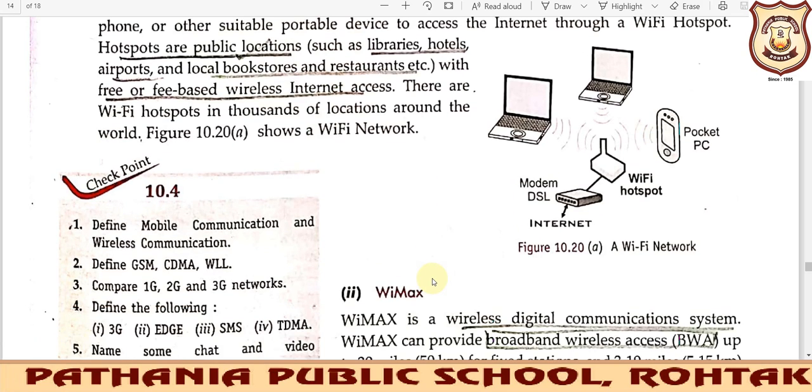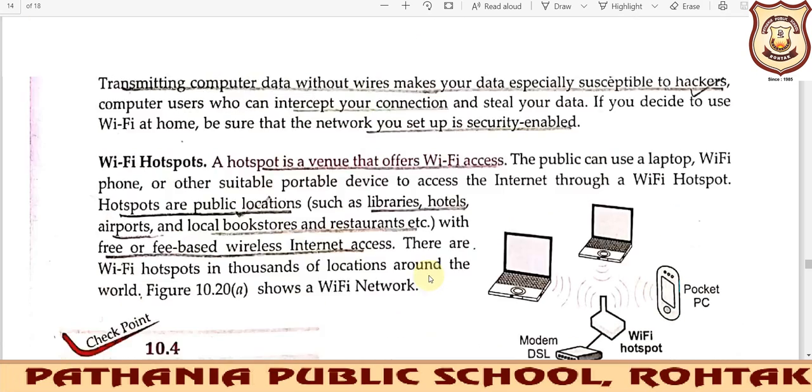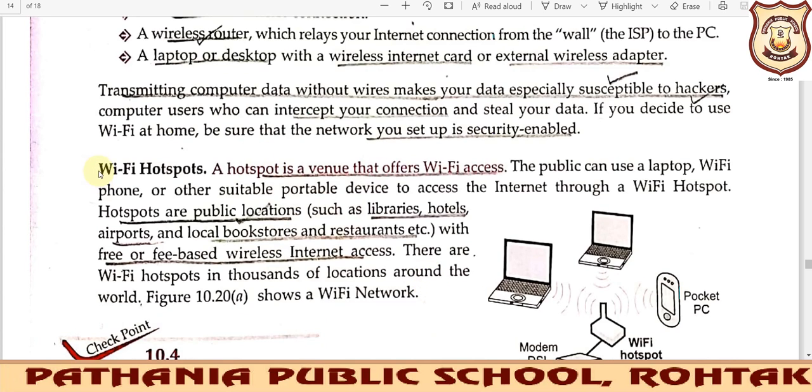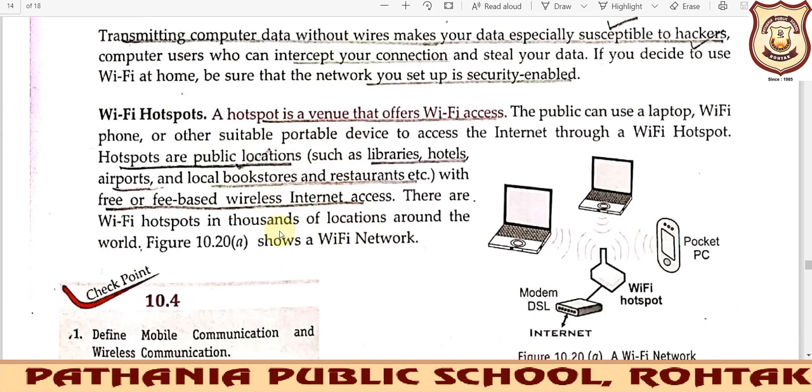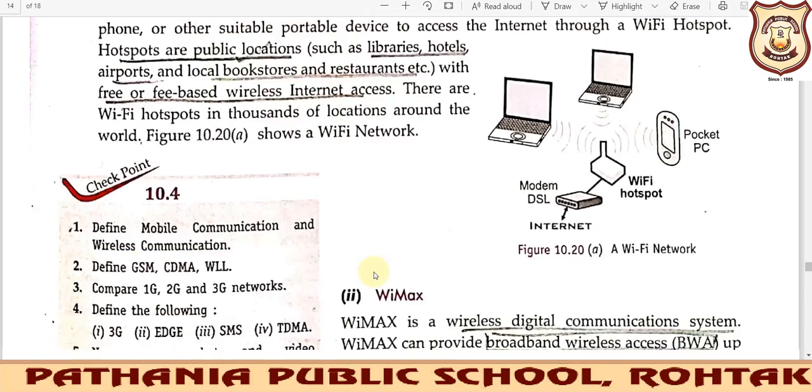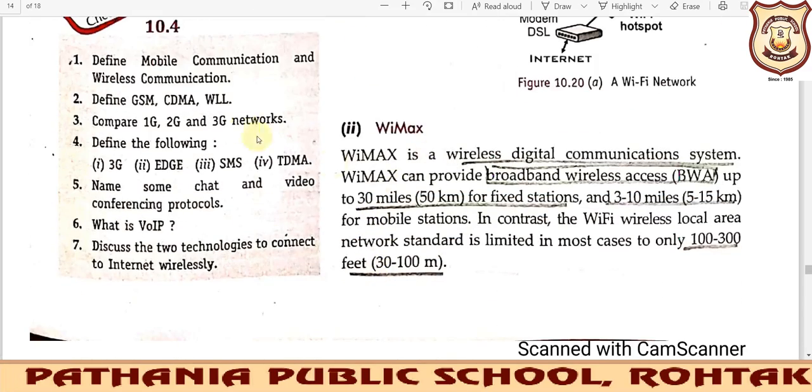Okay, like when you create a hotspot on your mobile phone, at that time your mobile phone is a hotspot and it is transmitting the signals, and the devices which are capable of receiving the signals will be able to receive it. We have Wi-Fi, we have WiMAX also. It is for the broader coverage of the signals.